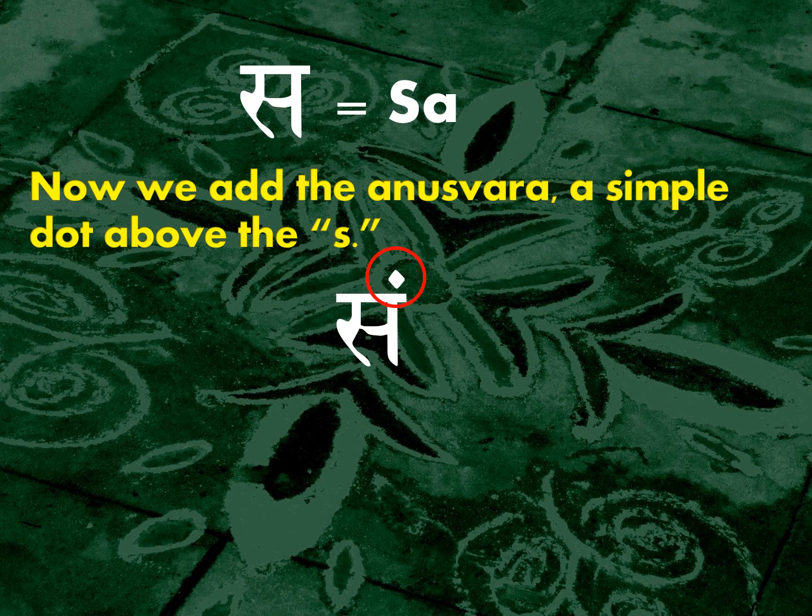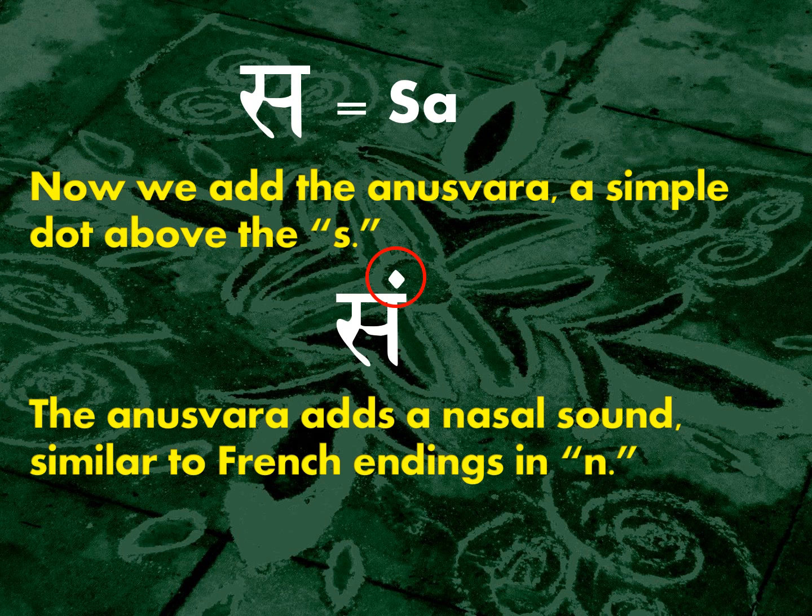The anuswara gives us the nasal N sound, and we have San. Now what follows, the skrit, I need to wait with explaining because there are a few more wrinkles that I need to show you first.